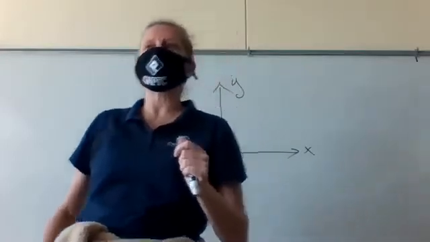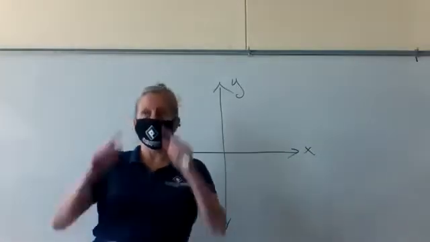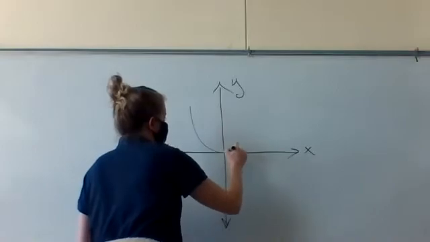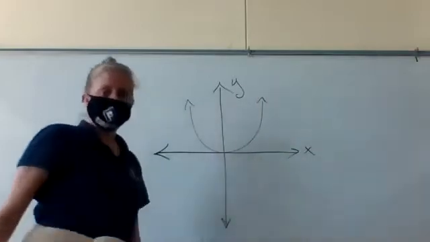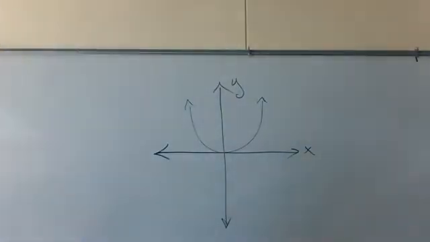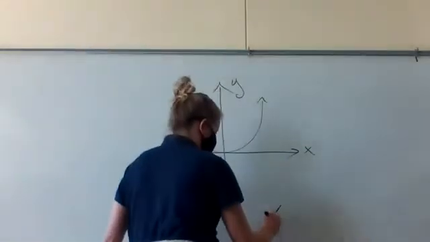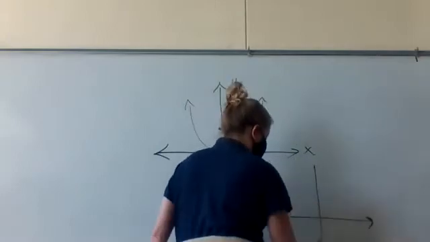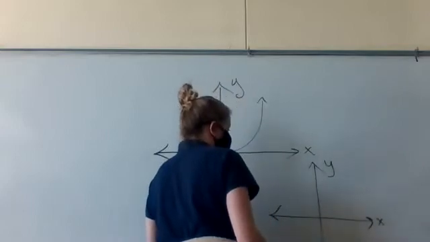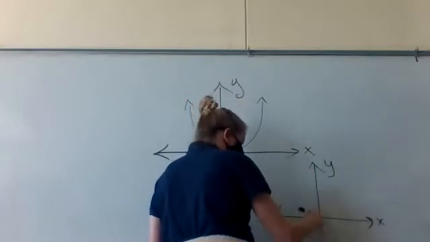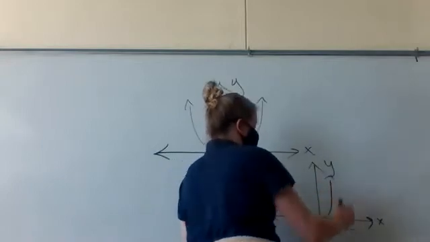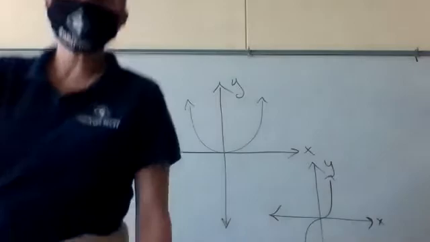You can think of even functions like quadratic functions, the U functions that look like that. That's an even function because it's symmetrical with the y-axis, okay? An odd function is what we call symmetrical with the origin, okay? And you can think of that as something like the cubic function, okay?